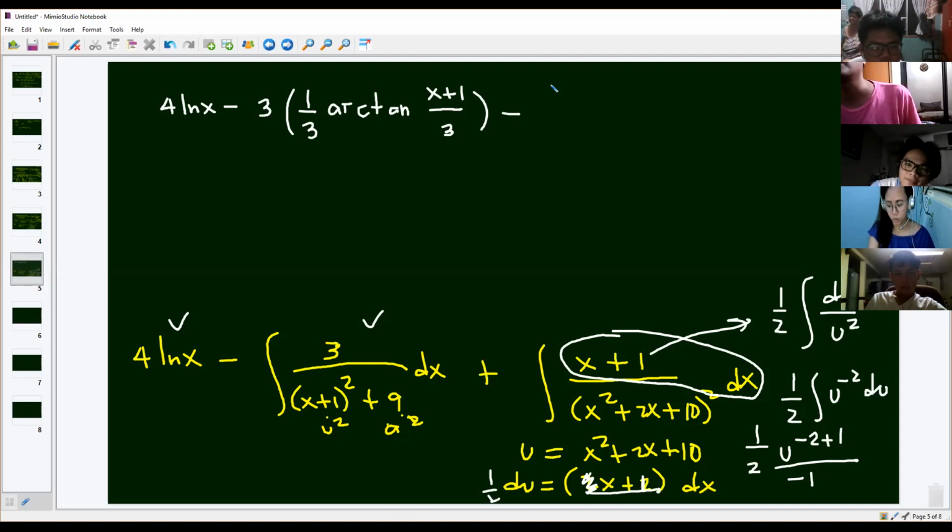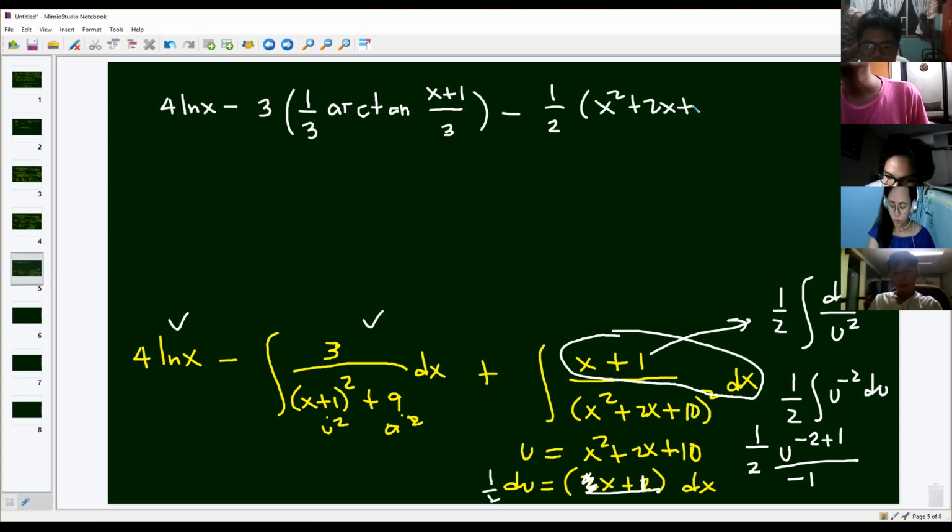So we get 1 half times u to the negative 1, over negative 1. And our u, of course, is x squared plus 2x plus 10. Then negative 1, plus c.